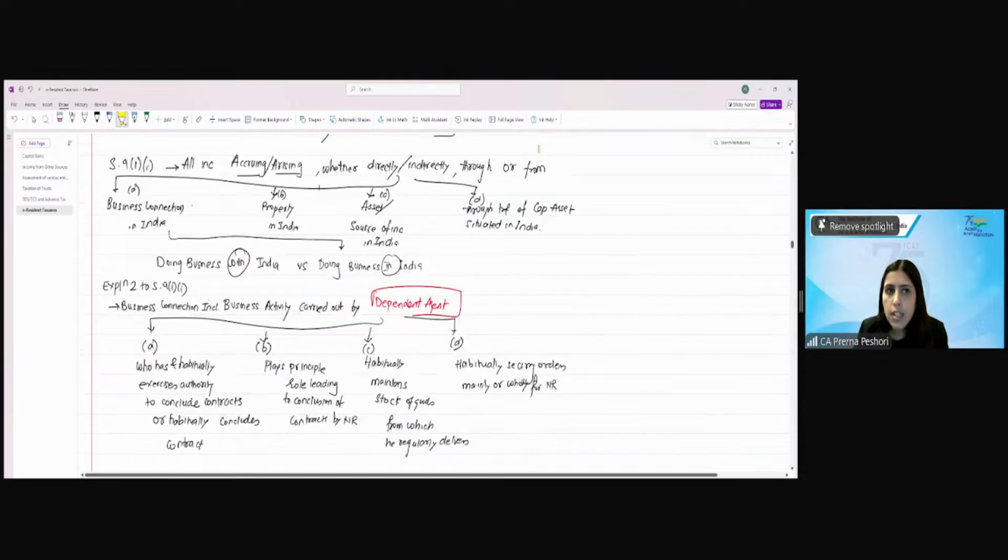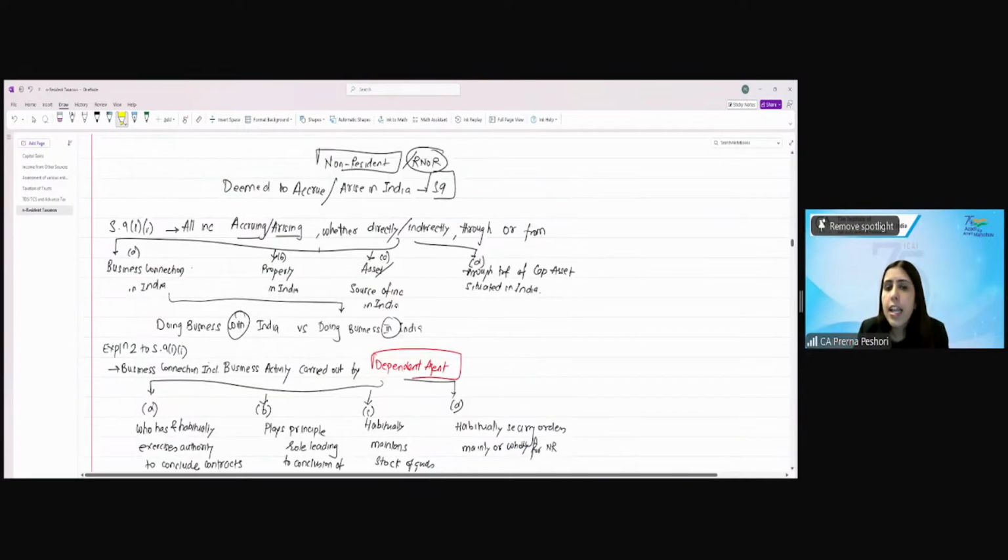Next one is income accruing or arising directly or indirectly through or from a property in India. If you are generating rental income from property, that will be income accruing or arising from the property in India. That will be deemed to accrue or arise in India. Income accruing or arising from the asset or source of income in India. If you have interest income, dividends, whatever it is, if you have any income from any asset in India, that is income accruing or arising in India.